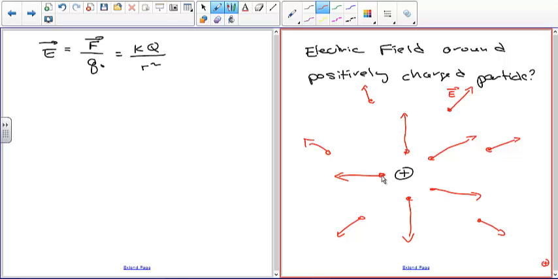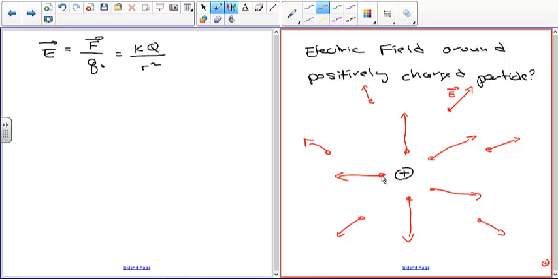The electric field is pointing this way at this point, that way at this point, and that way at that point. And as I go away, here's my vector, it gets shorter and shorter and shorter. And that's basically due to this term right there.